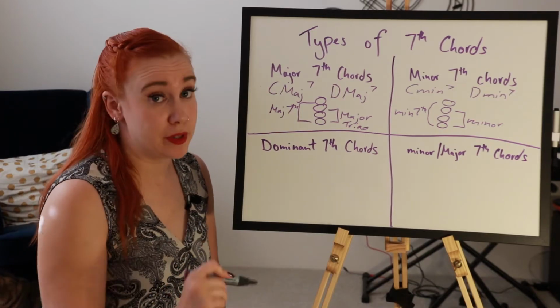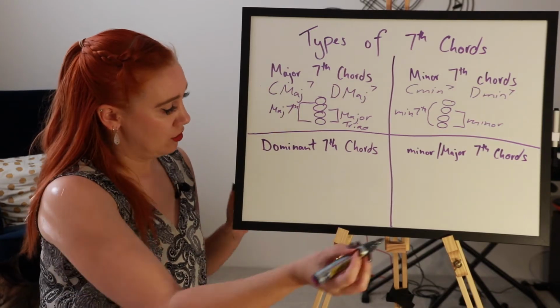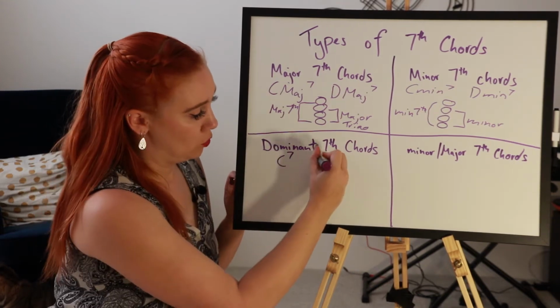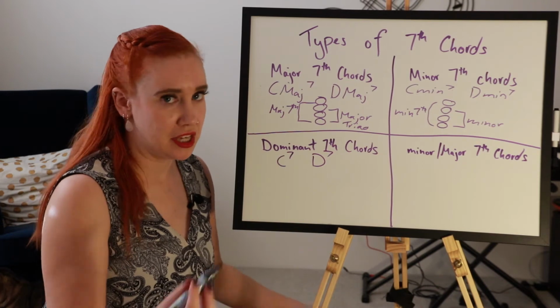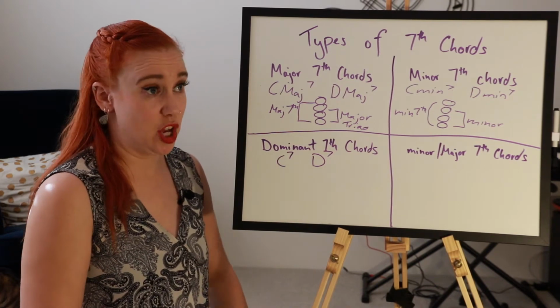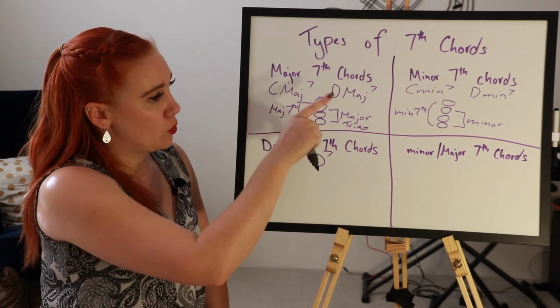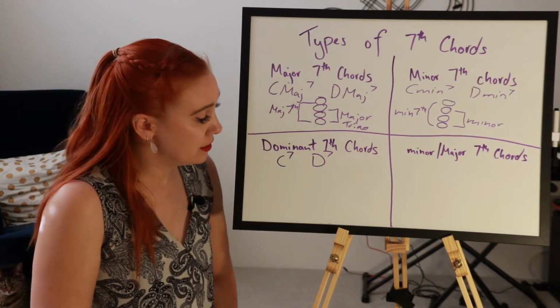Okay, dominant sevenths. So these will look like C7 or D7, E7, F7, G7, F sharp 7, etc. So this one is not quite as simple as our previous ones.